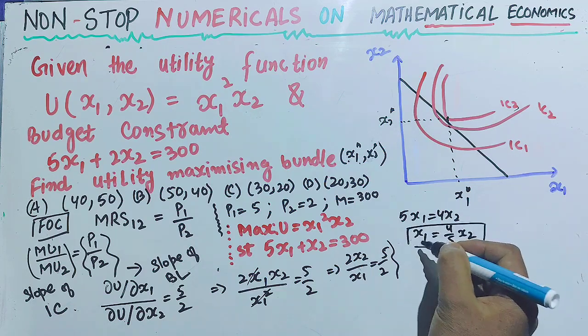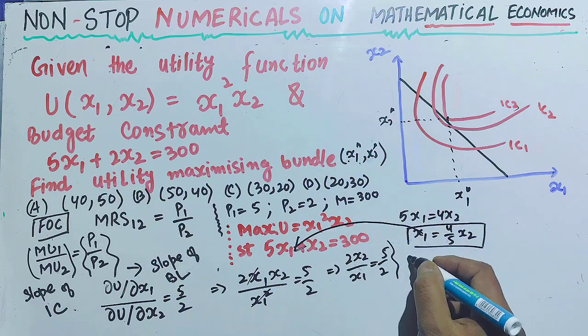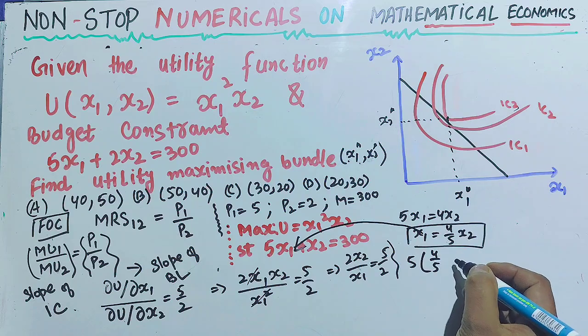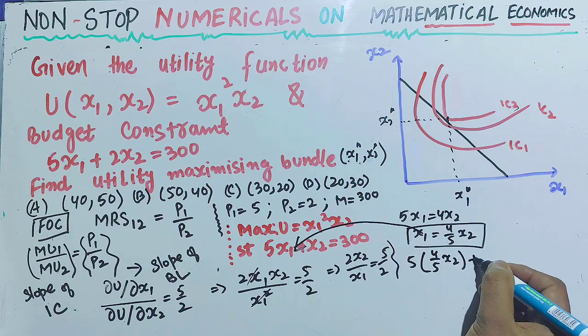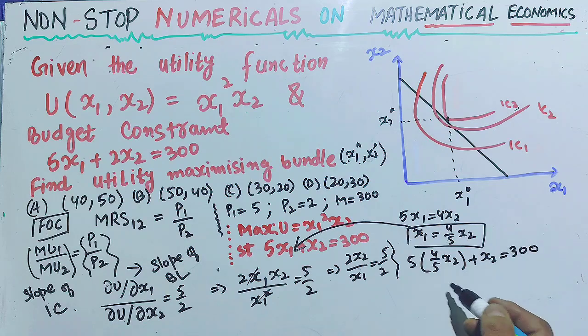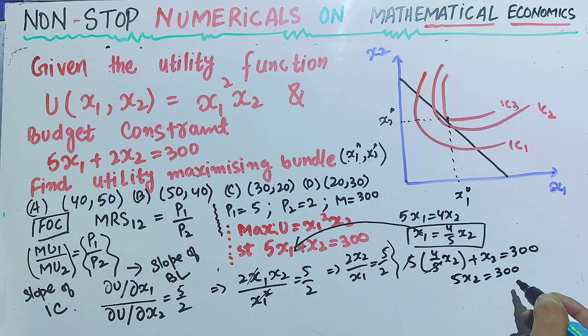Now we plug this value into the budget constraint. So we have 5 times the value of x1, which is 4 upon 5 x2, plus 2x2, should be equal to the income, which is 300.